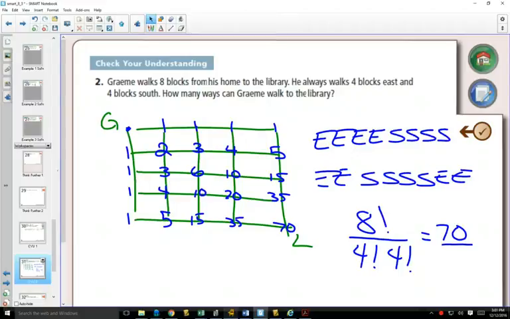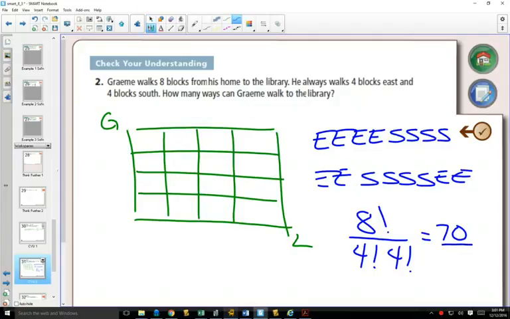Now, the pathways counting method is really nice, especially since sometimes I've seen questions where they've added new situations, right? Like right here is where Susie lives. And all of a sudden, every time Graham goes to the library, he happens to walk by Susie's house.